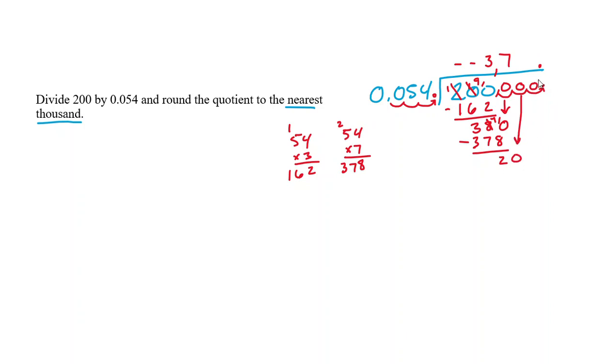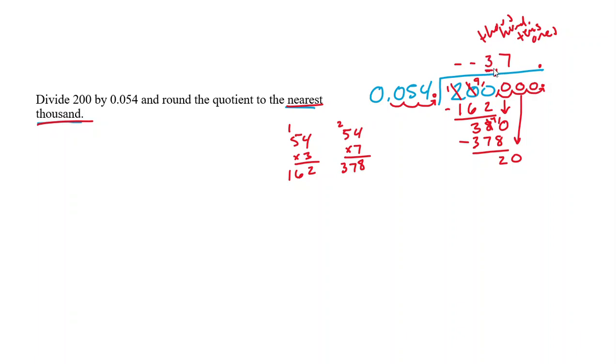But remember that the question said round to the nearest 1,000. So this is the ones place, the tens place. I haven't even got those numbers in yet. This is the hundreds. And this is the thousands place. So we're going to round to this place.